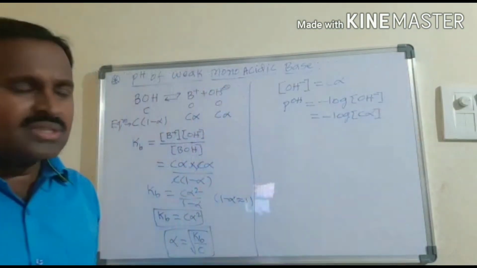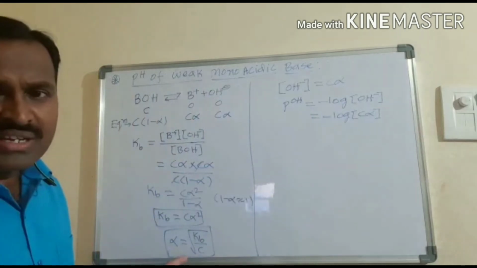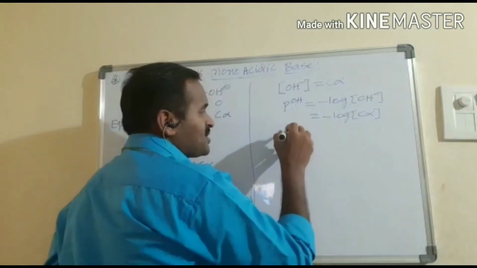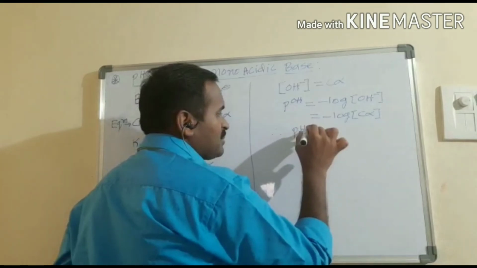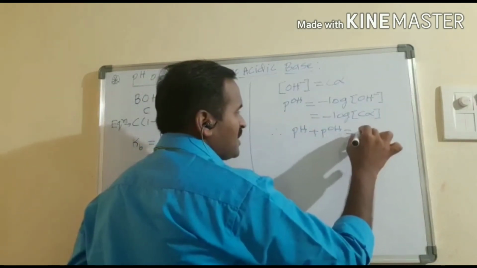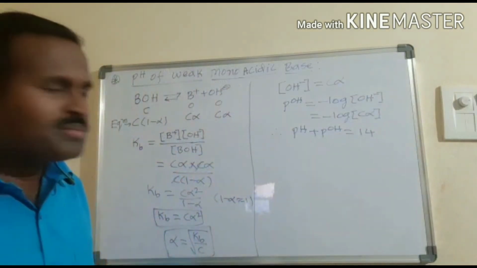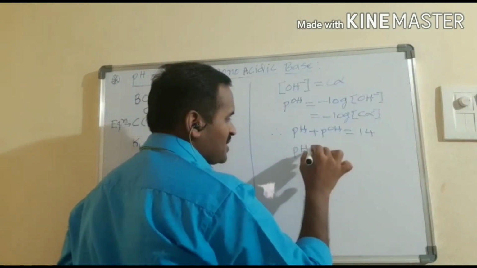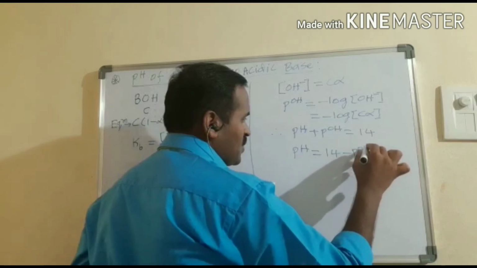The alpha value you can write in terms of Kb also. This is the pOH, but actually I want the pH. We know that pH plus pOH should be equal to 14, so pH is 14 minus pOH.